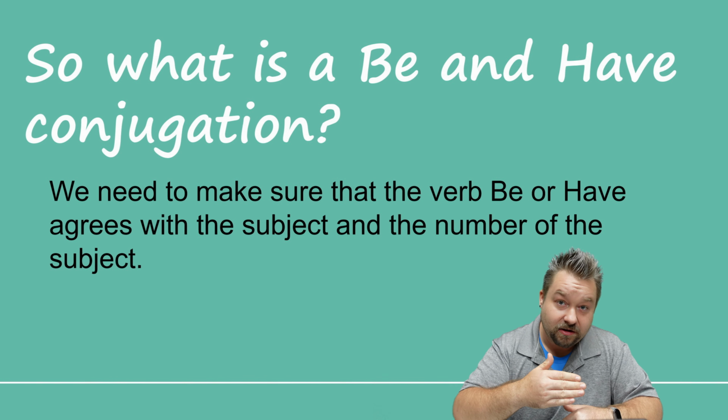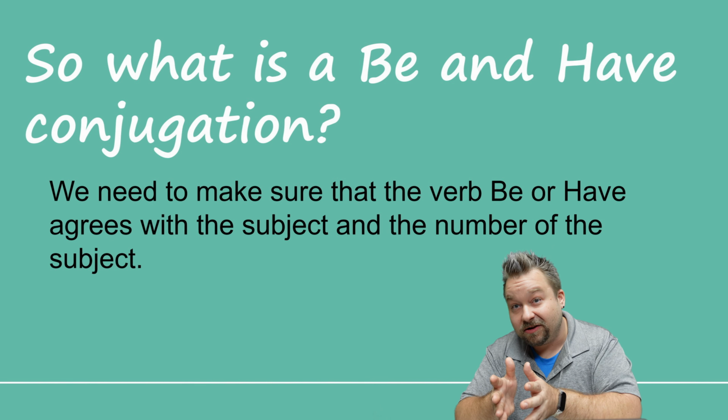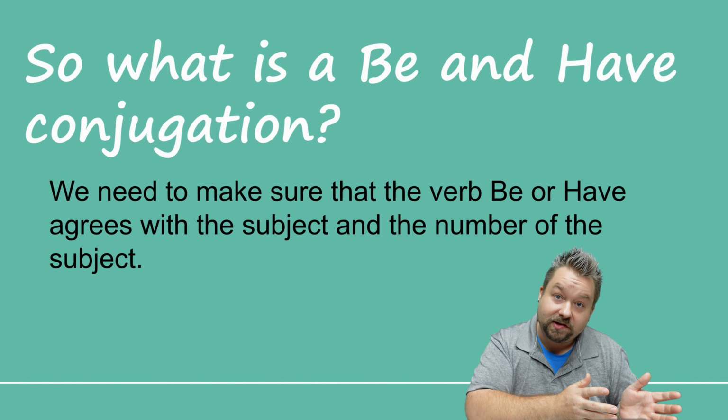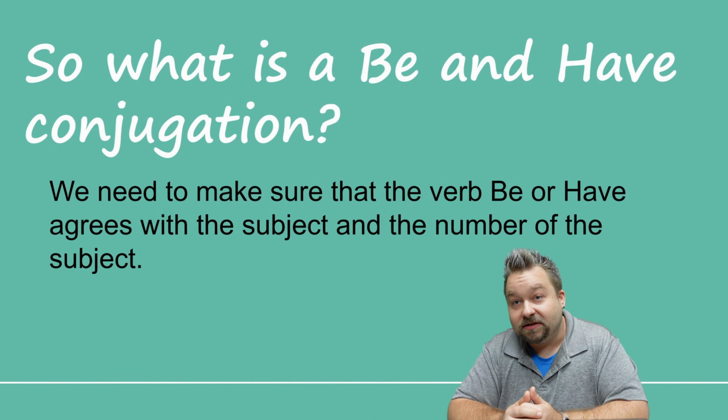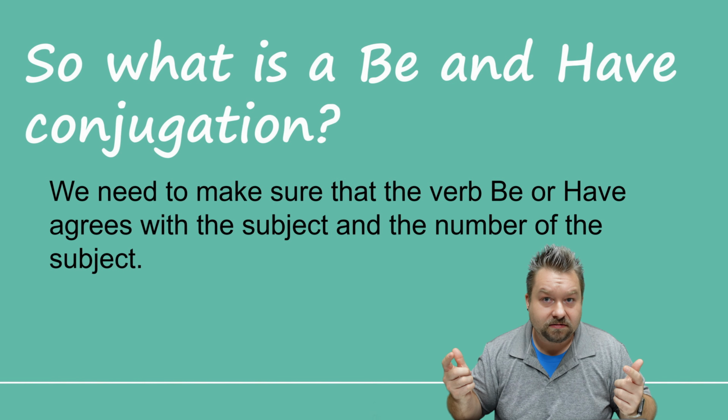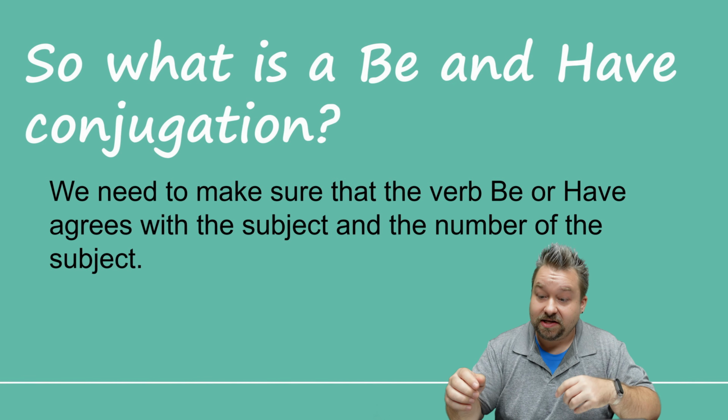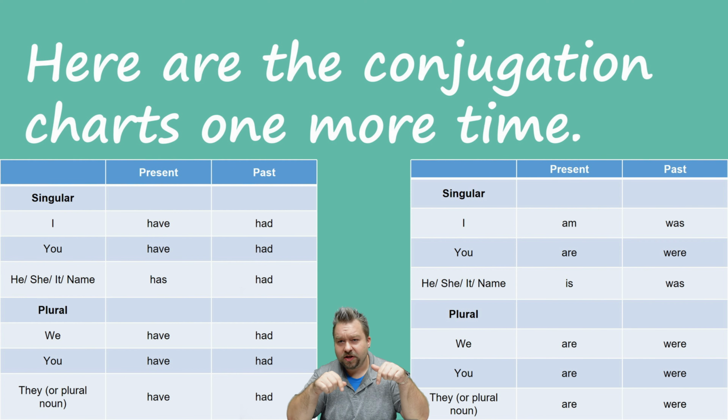So if it's a singular subject, we have a singular conjugation. If it's a plural subject, we have the plural conjugation, right? And then we think about the tense. That's it. Okay. Here are the charts again. I'm not going to be in the video part for this because where would I fit? Oh, you know what? I'll put myself in the middle. There we go. I'm in the middle, in between these 2 charts.